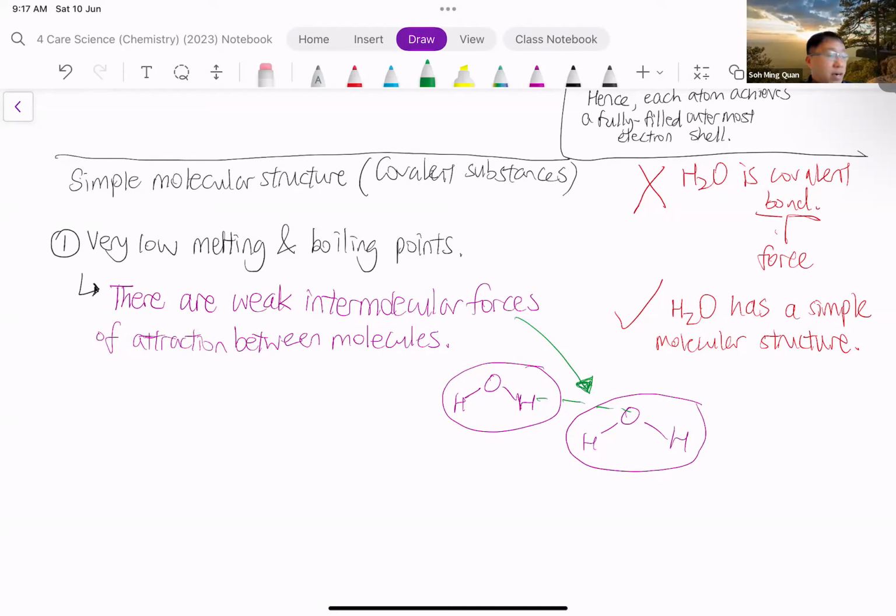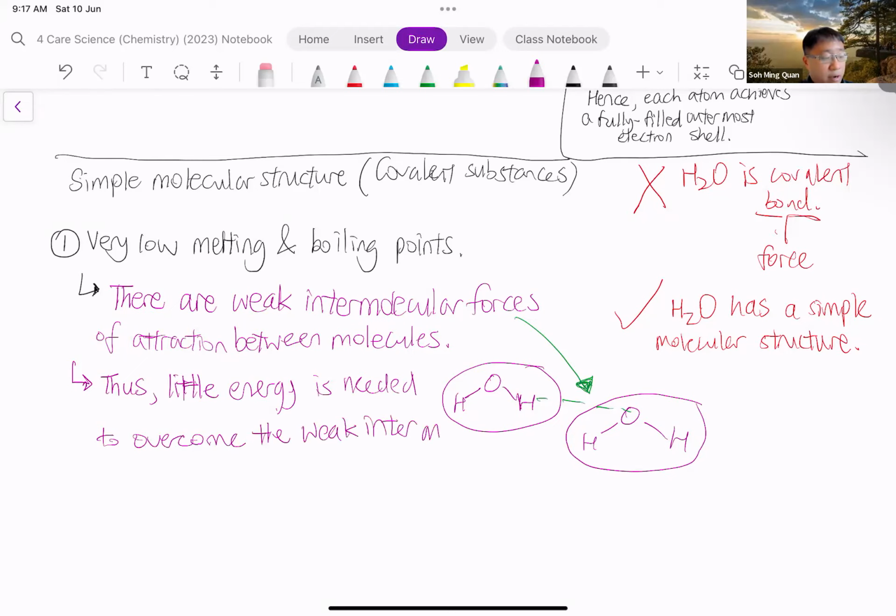So what you are overcoming is the weak intermolecular forces of attraction. Thus, little energy is needed to overcome the weak intermolecular forces of attraction.